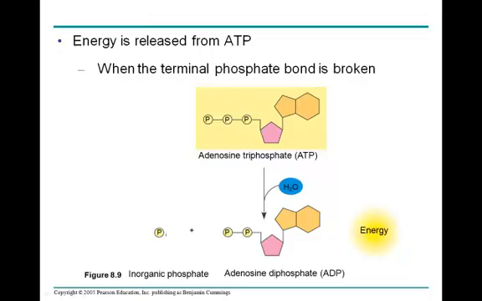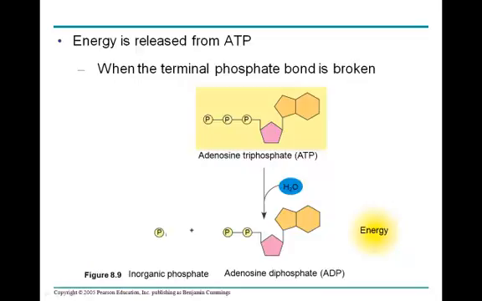In the body, the key molecule that we will talk about when we deal with energy is ATP. Energy is released from ATP when this terminal phosphate bond right here is broken. ATP, adenosine triphosphate, gets its name from the three phosphate groups attached to the sugar moiety here. When you break off this last phosphate of ATP, converting ATP to ADP, you release energy.